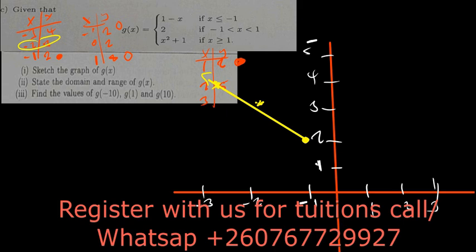Next, I'll go here. I'll start with 1 comma 2 because that's the point where it is open. So this is included. I need to show that it's included. Negative 1 comma 2, it is not included at that point, so I'll put an open circle.